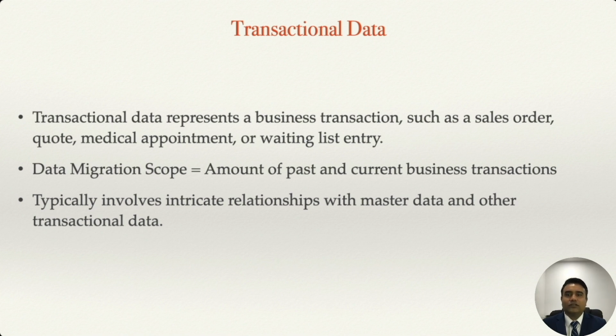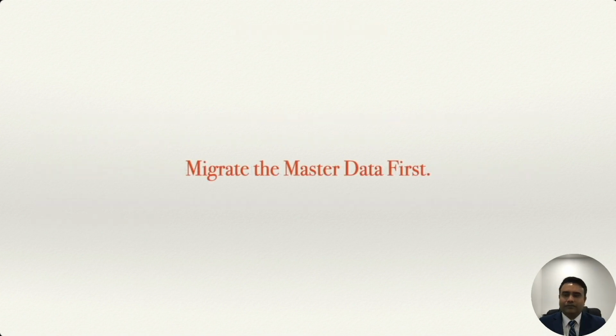Now that we have looked at what master data and transactional data are, let's look at their logical order of migration. Data migration between applications is executed as multiple test iterations before the actual cutover date. I cover how to plan for test iterations in the next module, but for now, I want to highlight that your data migration plan should propose to migrate the master data first in the initial test runs.